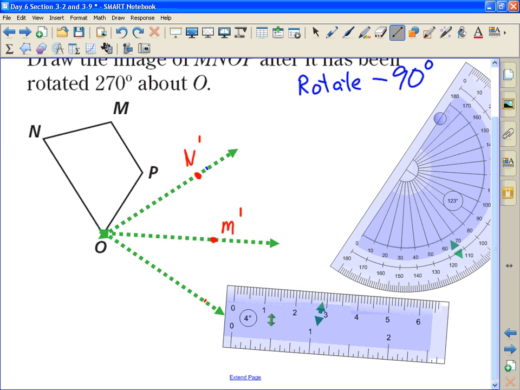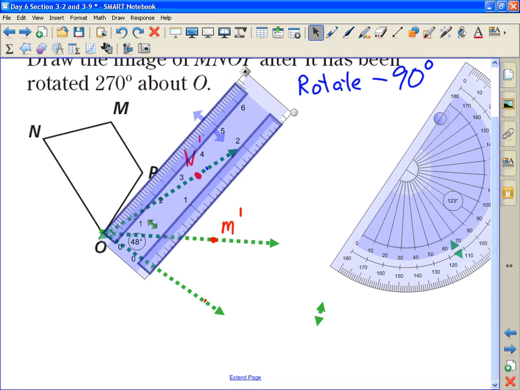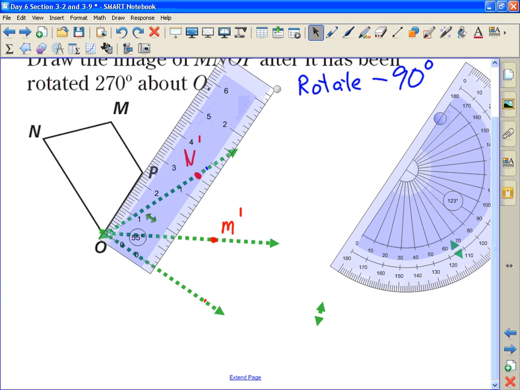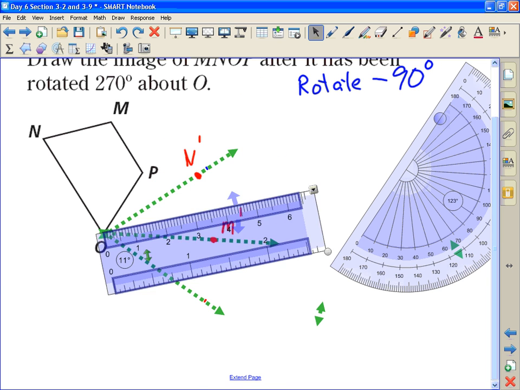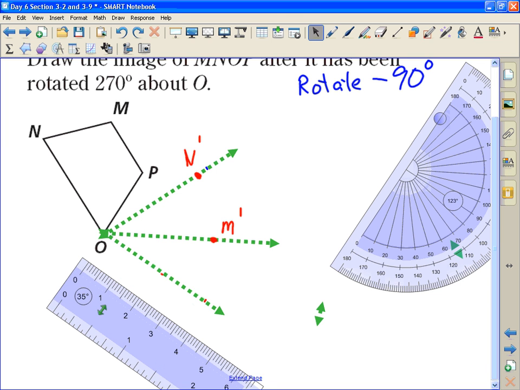How far away? I'm going to take my ruler and measure how far point P is away. Measure, I have 2.3 centimeters away. Turn my ruler, I'm going to find the point that's 2.3 centimeters away. There it is. Make it a little bigger here. There's my point P primed.